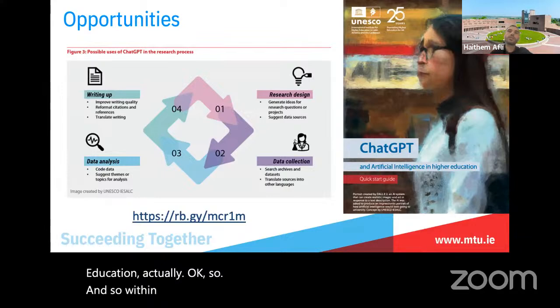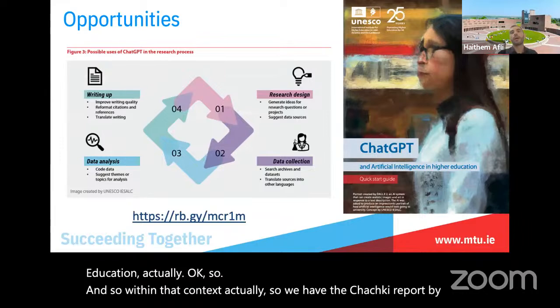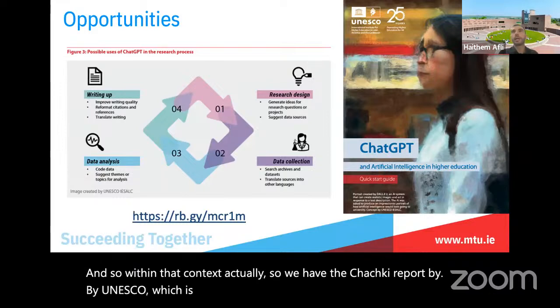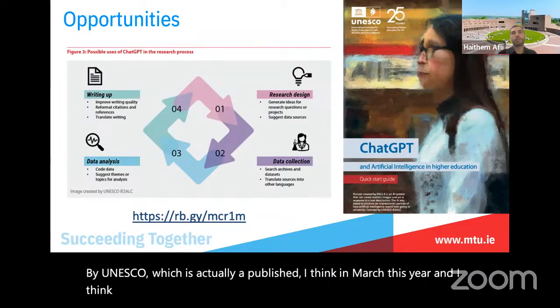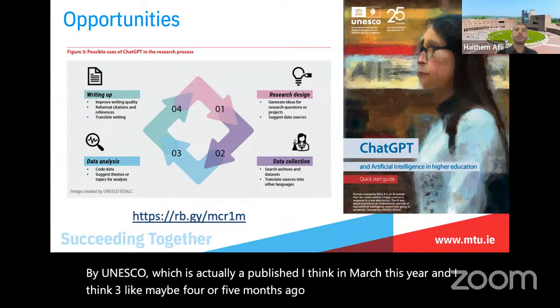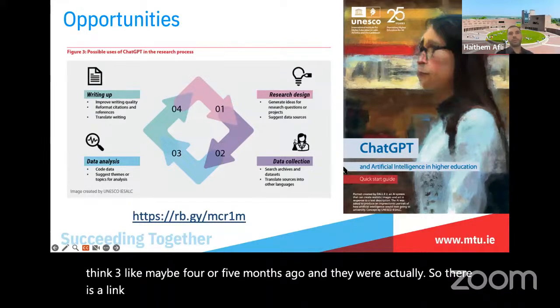Within that context, we have the ChatGPT report by UNESCO, which was published, I think, in March this year, maybe 4 or 5 months ago. There is a link for this, or you can just Google it: ChatGPT guidelines on UNESCO.